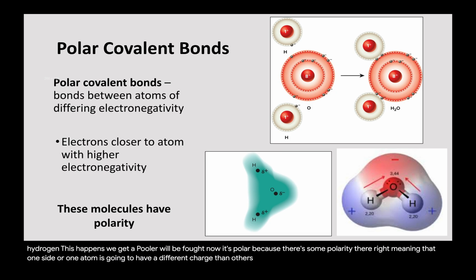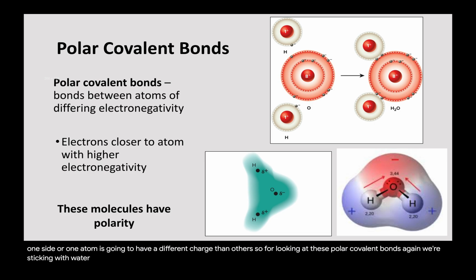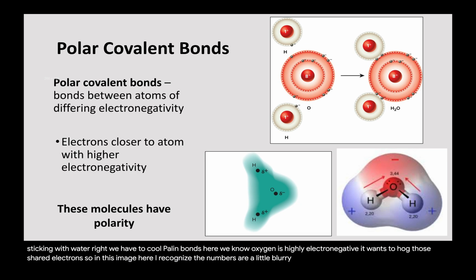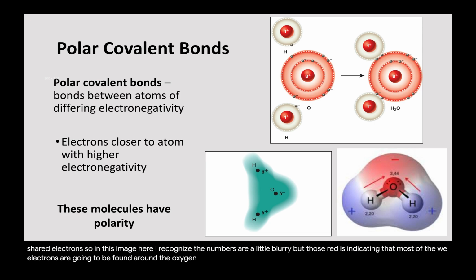If we're looking at polar covalent bonds, again sticking with water, we have two covalent bonds here. We know oxygen is highly electronegative. It wants to hog those shared electrons. In this image, I recognize the numbers are a little blurry, but the red is indicating that most of the electrons are going to be found around the oxygen. It's pulling the shared electrons with its hydrogens closer to that oxygen atom.